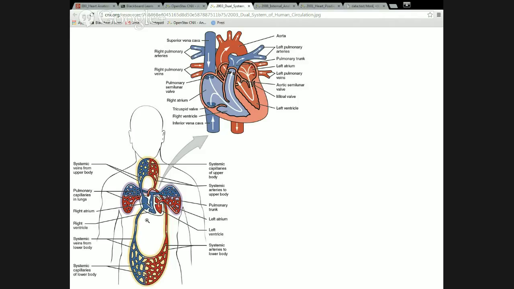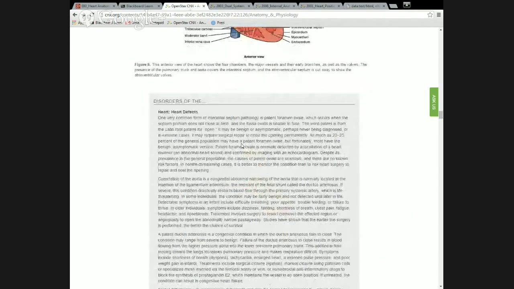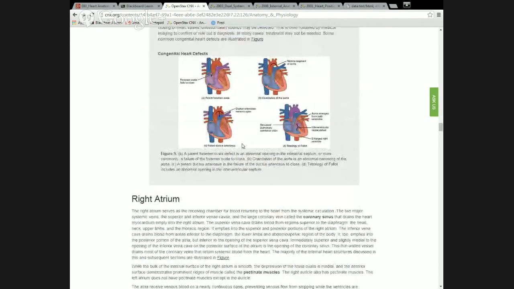So there's a systemic circuit where arteries are carrying oxygenated red blood out to the body, and veins are carrying deoxygenated blue blood back to the heart. And then the pulmonary circuit, which is the heart pumping blood to the lungs, and it comes back, and there arteries are blue, veins are red. So we see the two sort of circuits of the circulation there, which is what this is getting to.